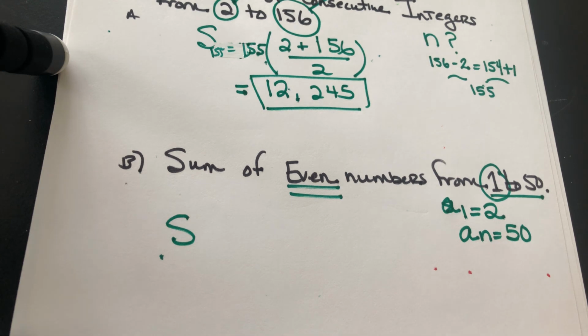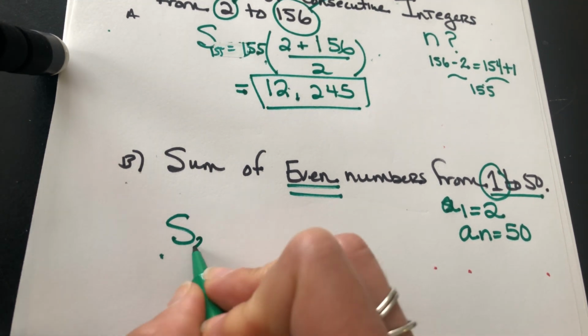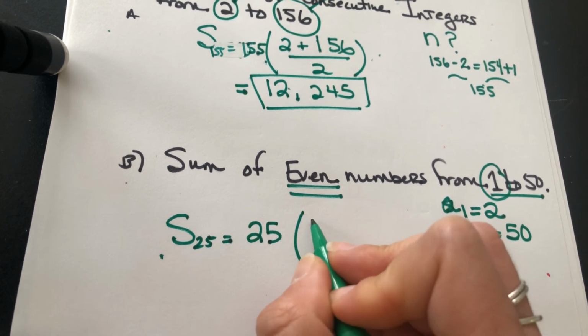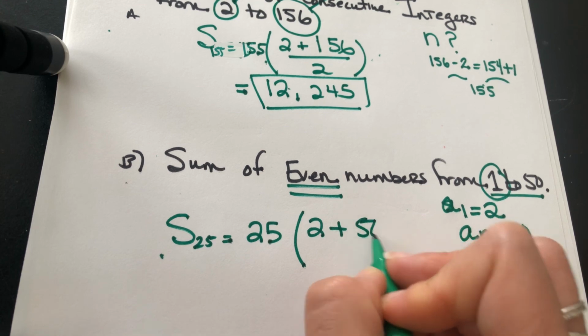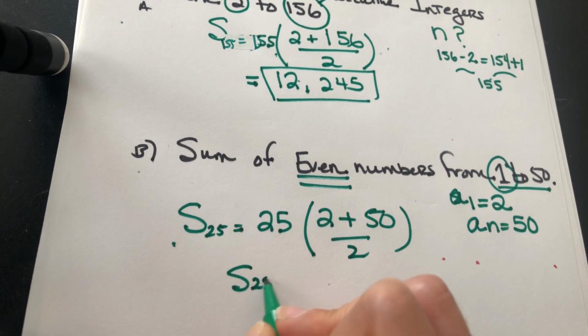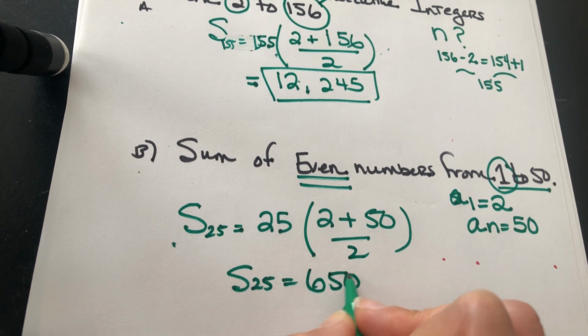Half of those numbers are even, half are odd. So if 1 to 50 is 50 terms, how many of them are even? 25. Gotta do a teeny bit of thinking. 25 terms, first term plus last term, divided by 2. So the sum is 650.